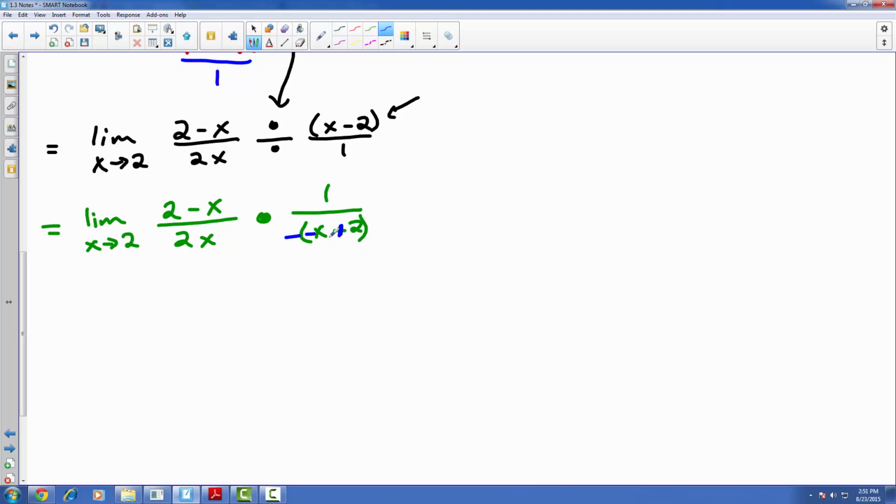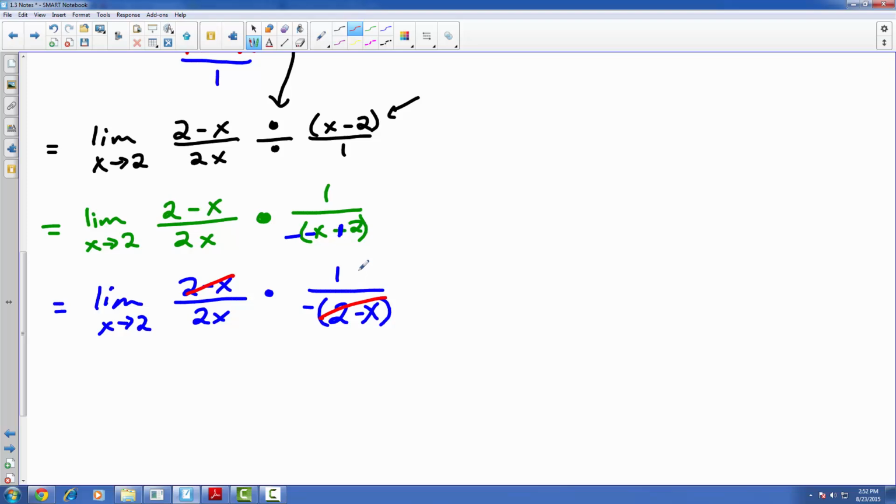And now, if I just swap the order of these, we end up with the limit as x approaches 2 of 2 minus x over 2x times 1 over, that negative is still there, so we have negative, and I'm just going to flip-flop the order of these two. So we end up with 2 minus x. Now, they both share that common 2 minus x. And those can end up just canceling out with one another.